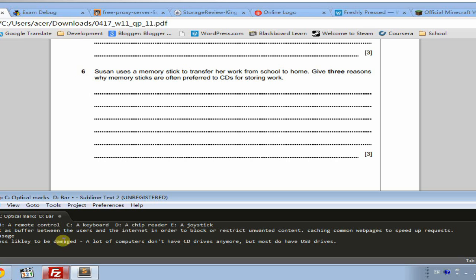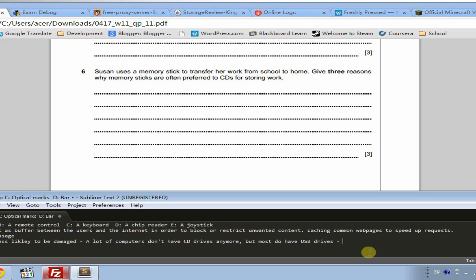I mean, be careful with words like all. Depending on the examiner, it's better to be safe. So say words like most, or a lot of, rather than all. Saying all computers don't have CD drives is not technically correct. All computers have USB drives, again, is not technically correct. So be careful with that, so that you don't lose points over silly little things.